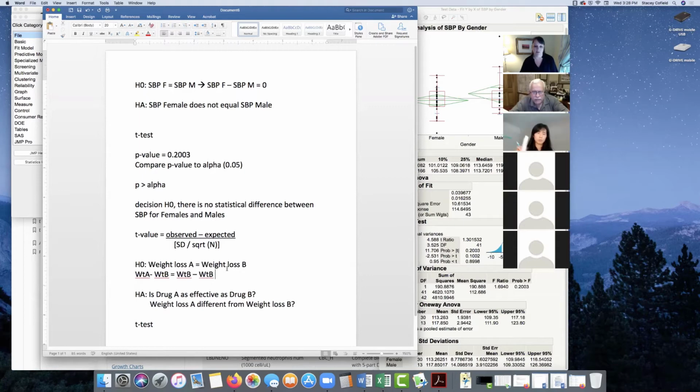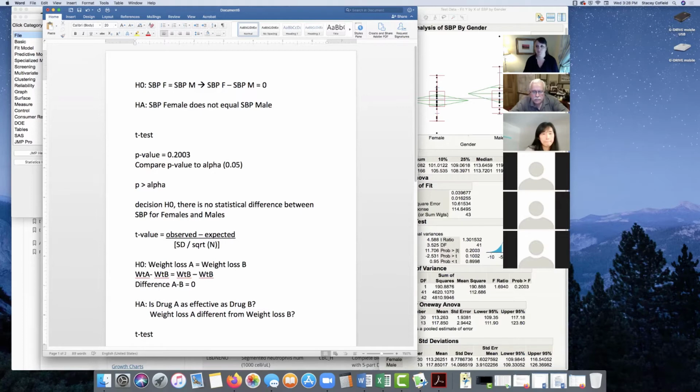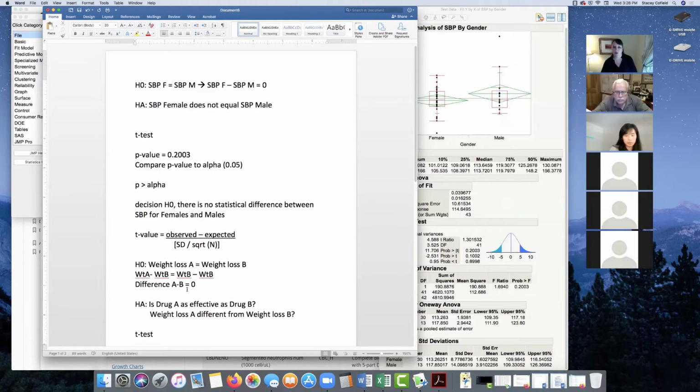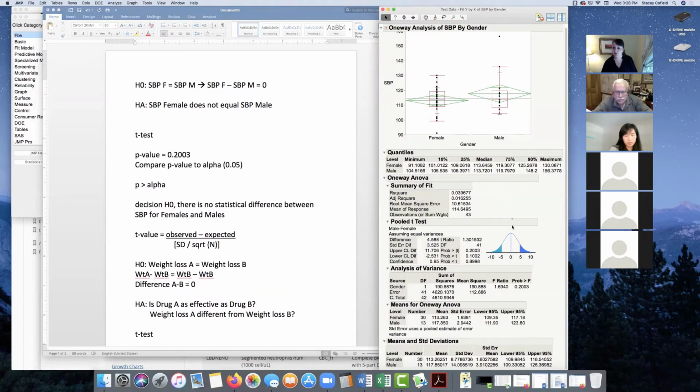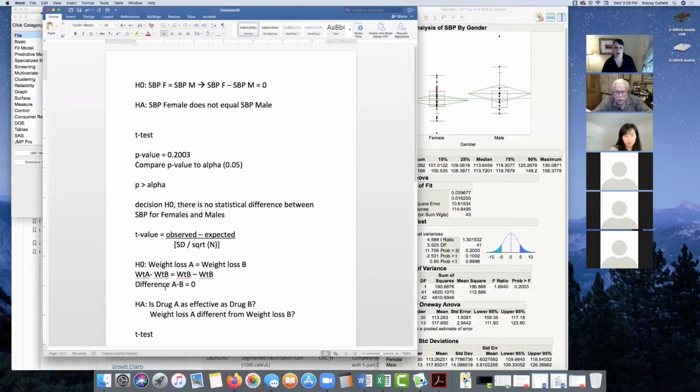I just subtracted weight loss B from both sides, and that gets me the difference, A minus B, equals 0. That gets us onto the standard normal. We're comparing it to 0. We've centered it about 0. So now we just want to know how far this difference goes from our mean of 0.